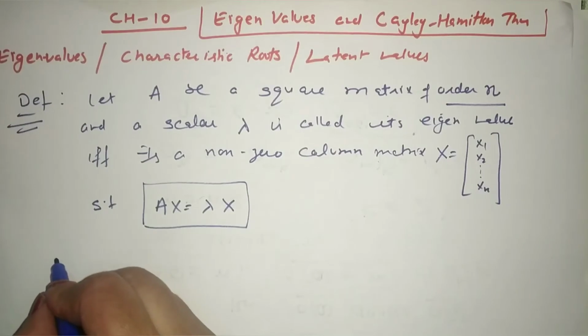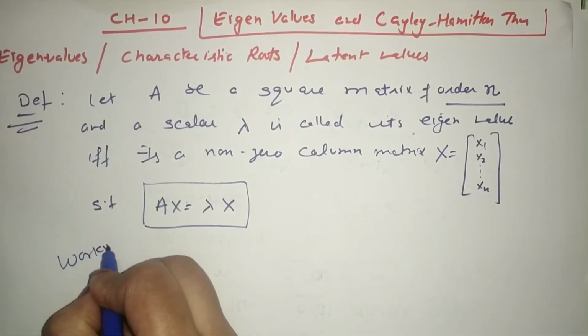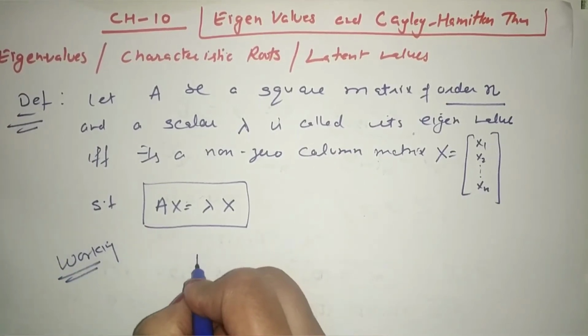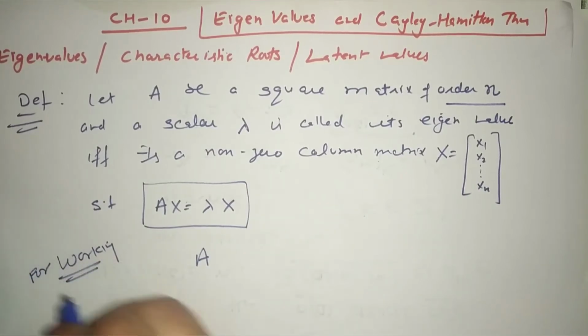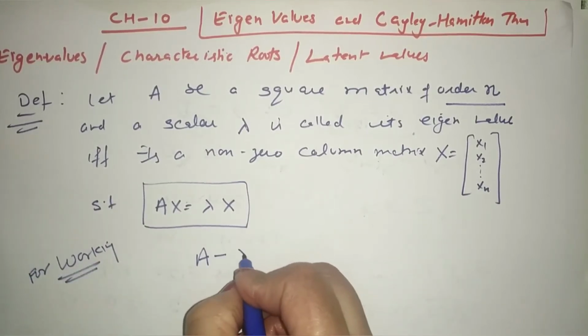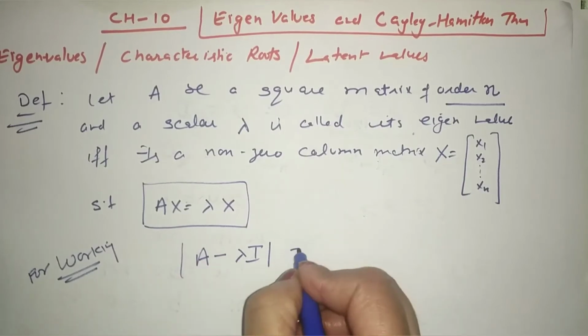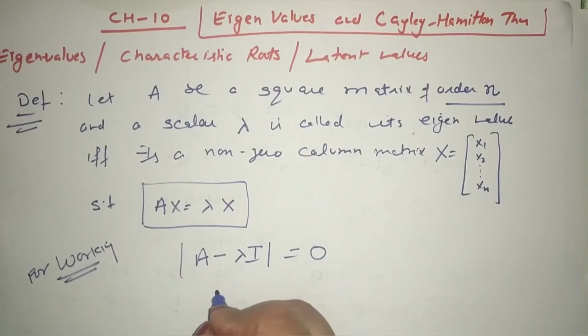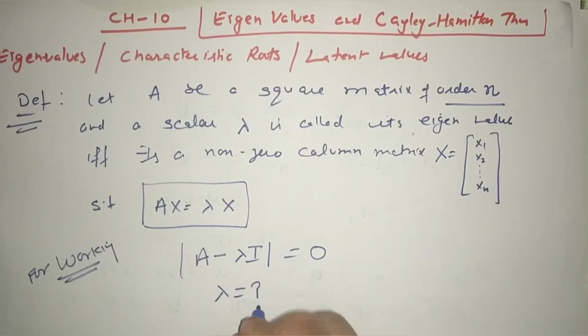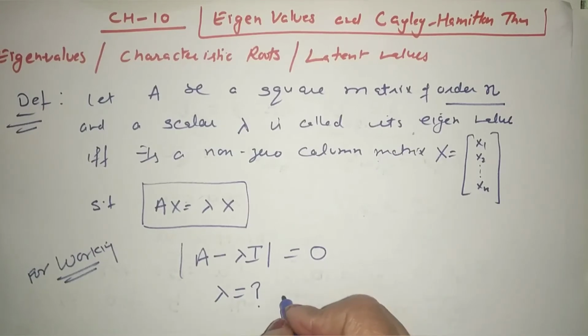For practical questions, for working method, we will just put determinant of A minus lambda I equal to 0, and from this we can get the value of lambda, which will be the eigenvalue.